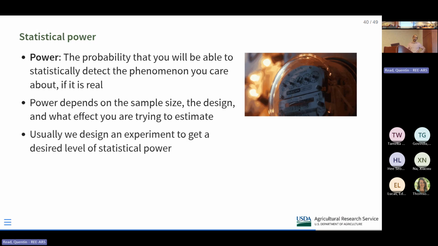And usually, you all may know about this if you do experiments with vertebrates like mice, you have to get your experimental designs approved by a review board before you do the experiment, because it's considered unethical to kill animals for an experiment that is poorly designed.